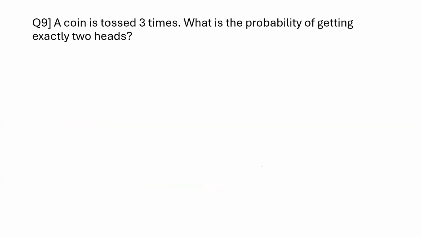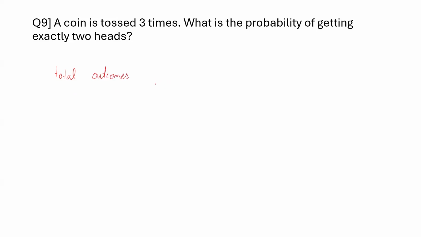Next, a coin is tossed 3 times. What is the probability of getting exactly 2 heads? Okay, this time you are flipping 3 coins. Now, let's see total outcomes. So, how will you compute total outcomes?